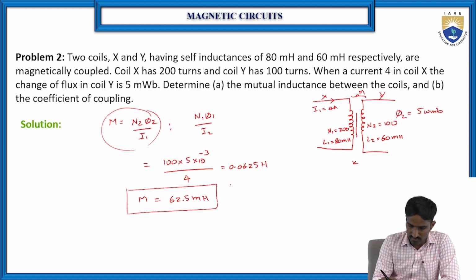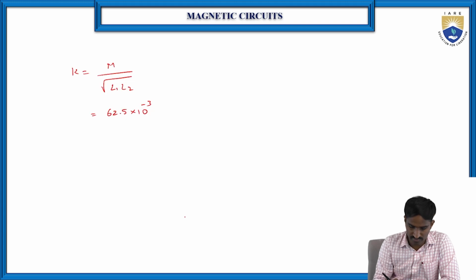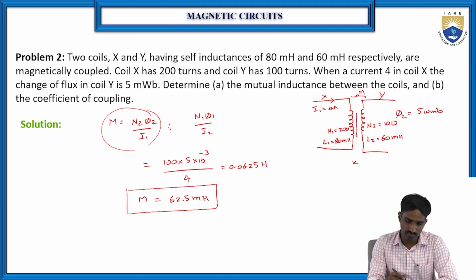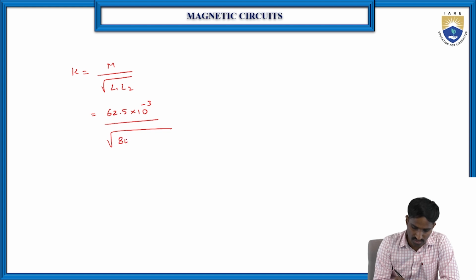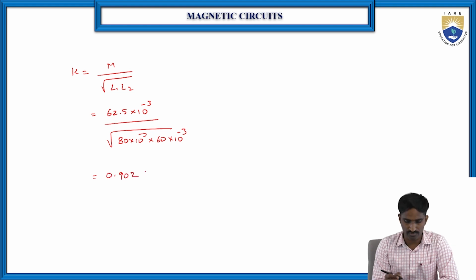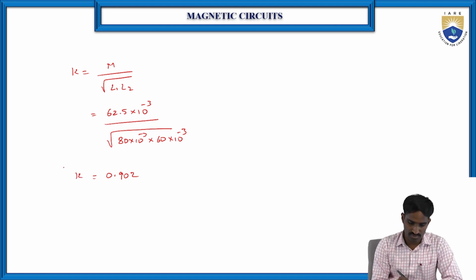M we know, it is 62.5 into 10 to the power of minus 3, divided by the square root of L1 and L2, where L1 is 80 and L2 is 60, so 80 into 10 to the power of minus 3 into 60 into 10 to the power of minus 3. If you simplify this, you will get 0.902. There are no units for the coefficient of coupling. So K is equal to 0.902.